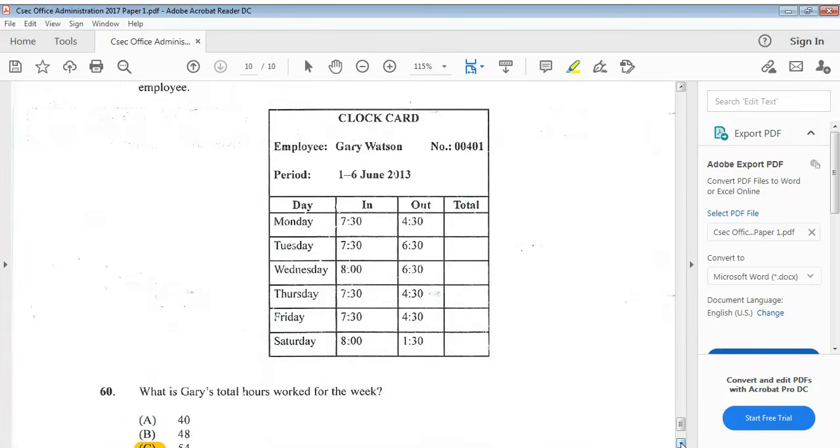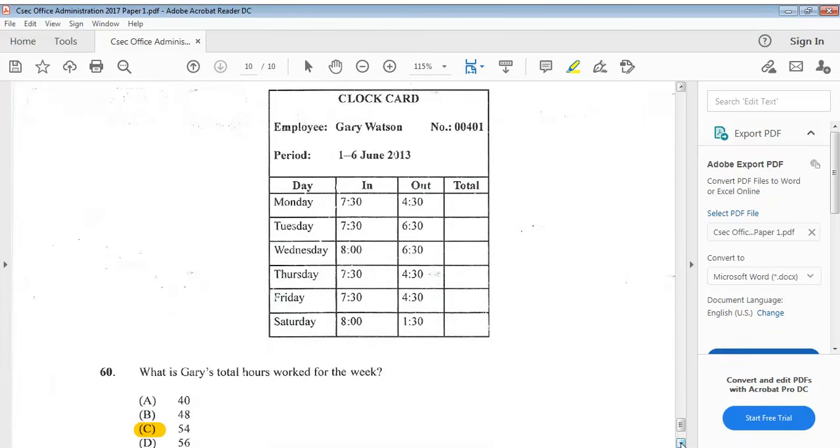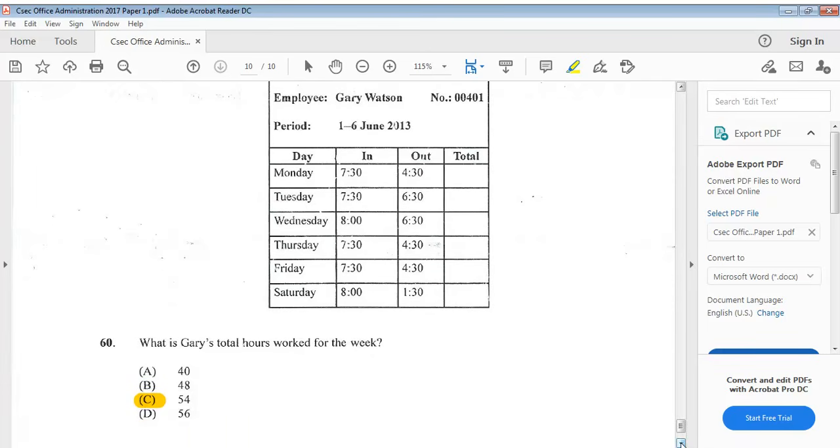Okay, here we have our final question. We have a clock card, and what we'll do, we see the number of days and the hours that he worked. 7:30 to 4:30, 7:30 to 6:30, that's Tuesday.